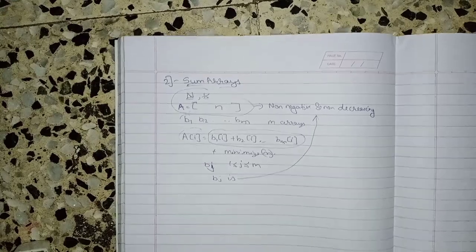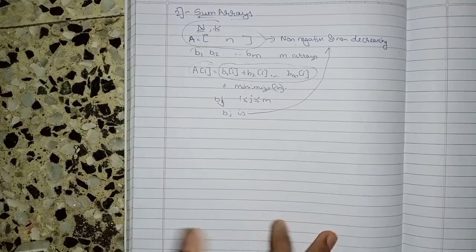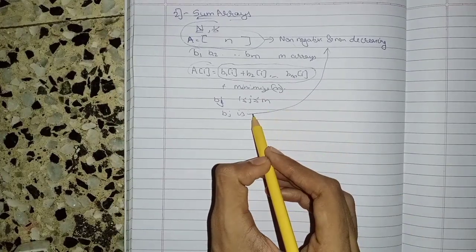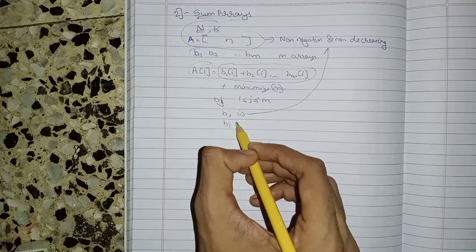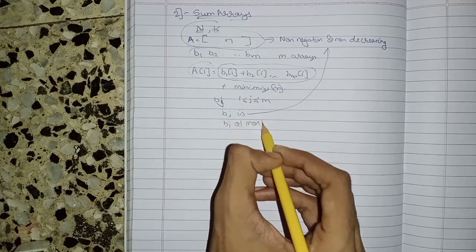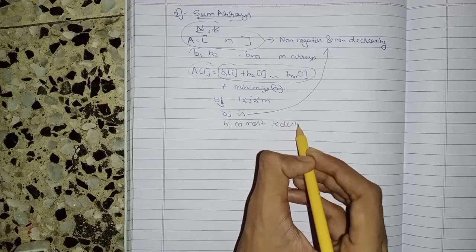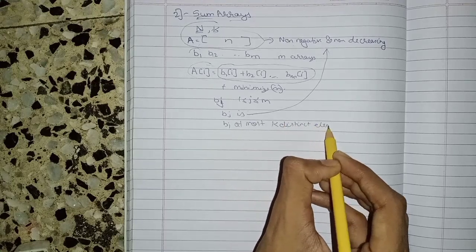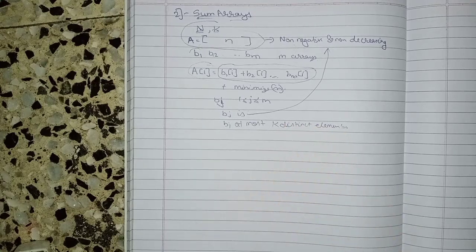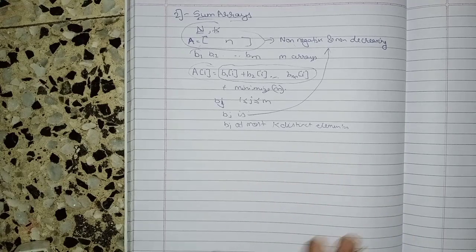Okay, so how to approach such a question? And also one more condition was that bj contains at most k distinct elements. So how are we going to approach this question?